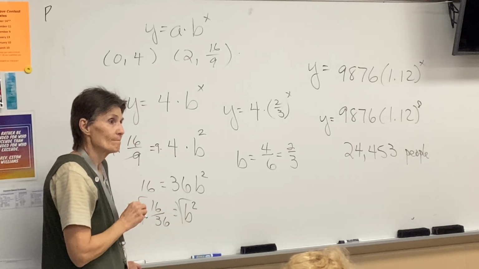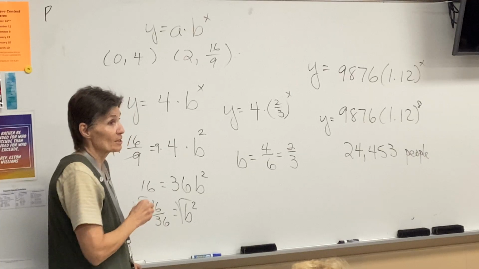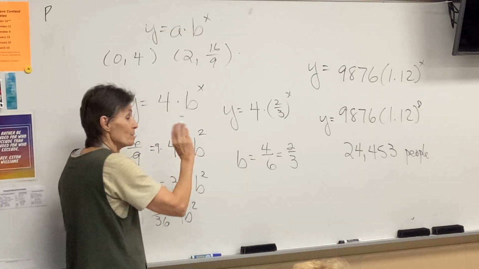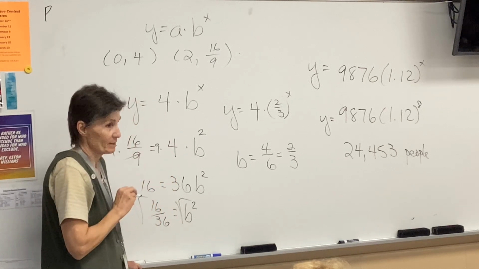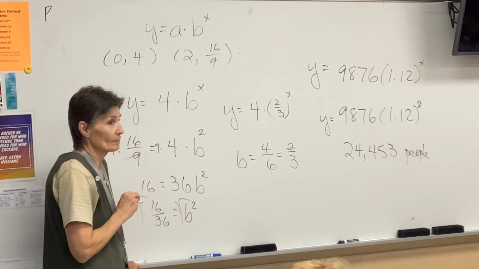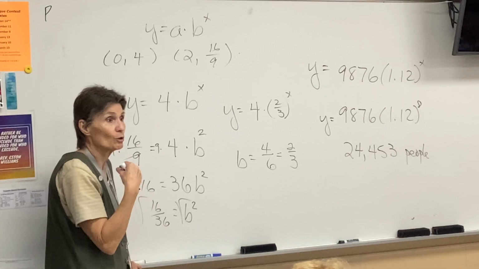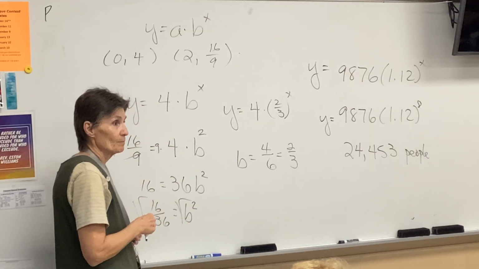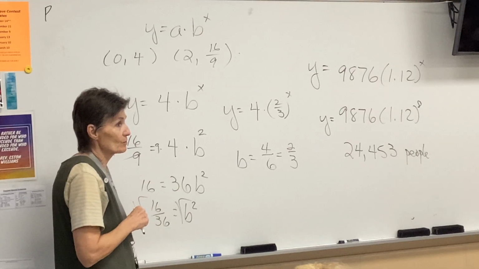Are we allowed to do that under no calculator? Yes, this will be a no calculator problem. Now, if we have one with the weirdo decimals like we have, that will be a calculator problem. So no calculator, you'll be given numbers like 16 and 36. Other numbers will have to use a calculator.